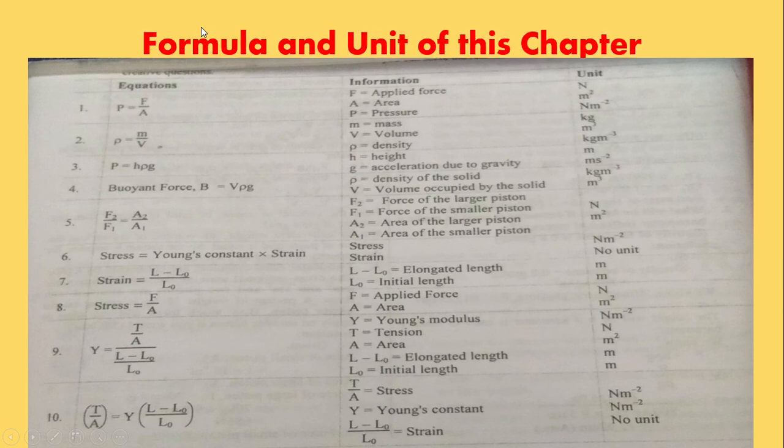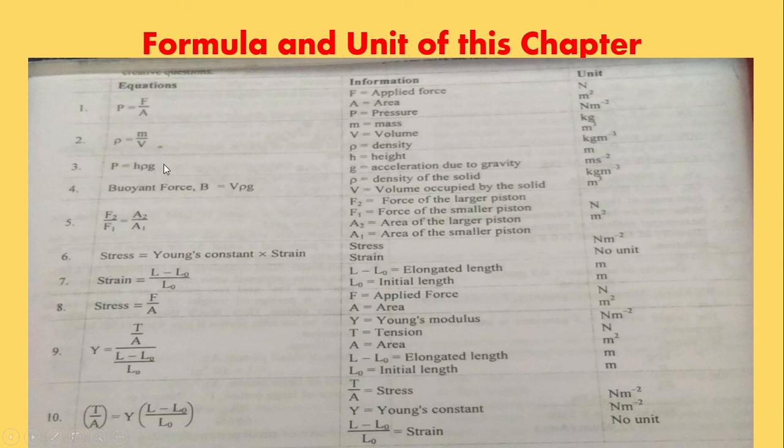Dear students, I have given some formulas and units of this chapter because the chapter is almost finished. Some topics are left which I will explain in the next content. Look, P, that means pressure, equals force applied perpendicularly on unit area. Rho, that means density, equals mass per unit volume.